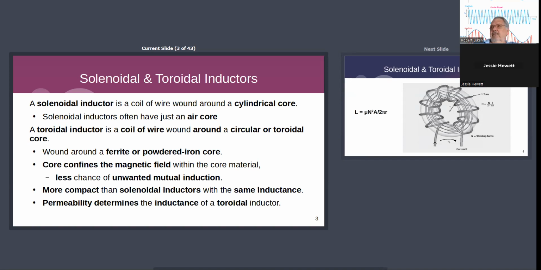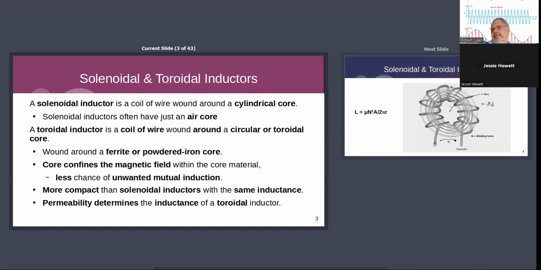A toroid is essentially the same thing, except that the core is wrapped into a toroid like a donut. So when you wind the coil around it, it concentrates the magnetic field within the toroid, whereas in a solenoid, the magnetic field extends outside of it. So it affects adjacent things.